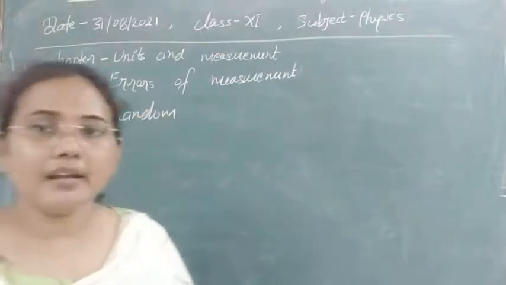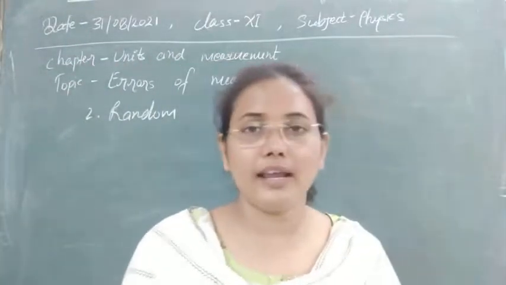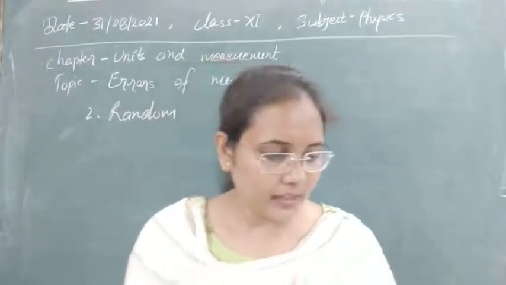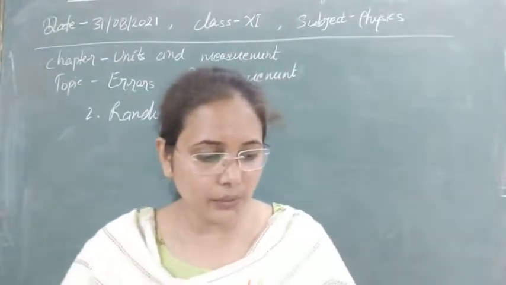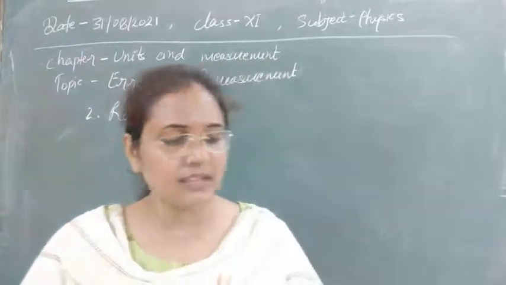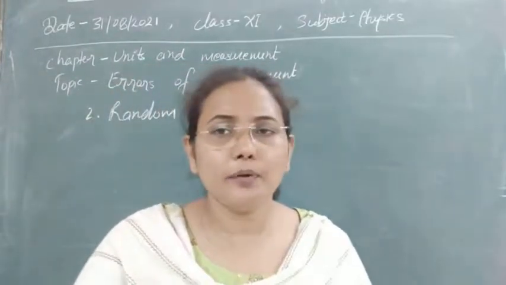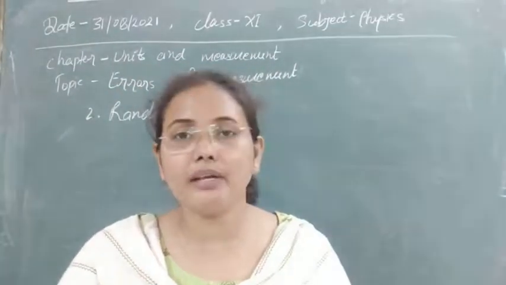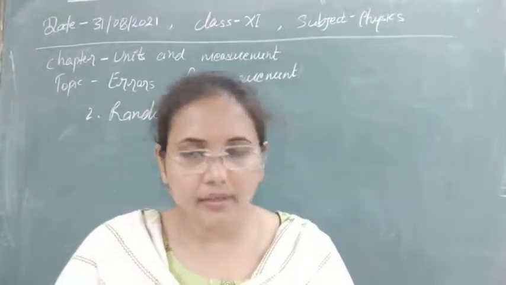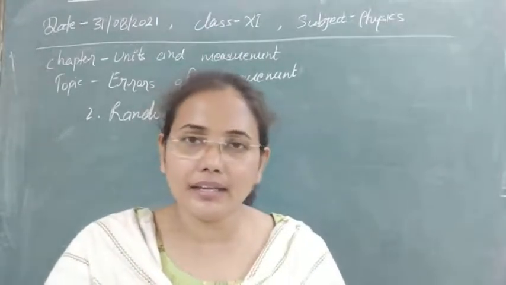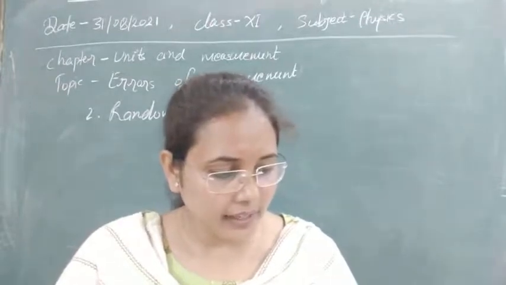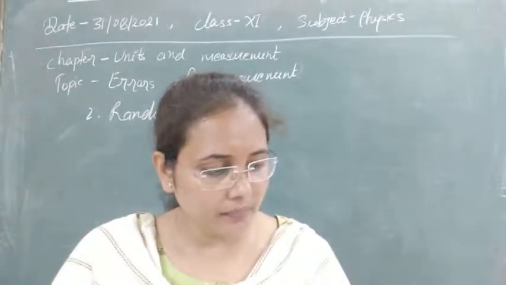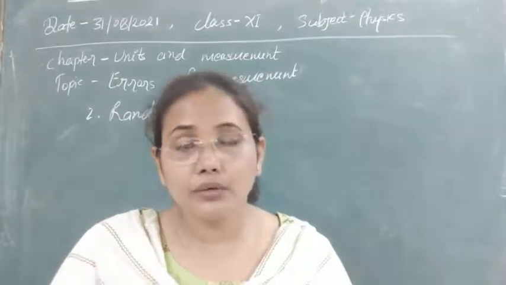So in random errors, what kind of errors do we have? These are errors which occur irregularly due to unpredictable variation in experimental conditions.